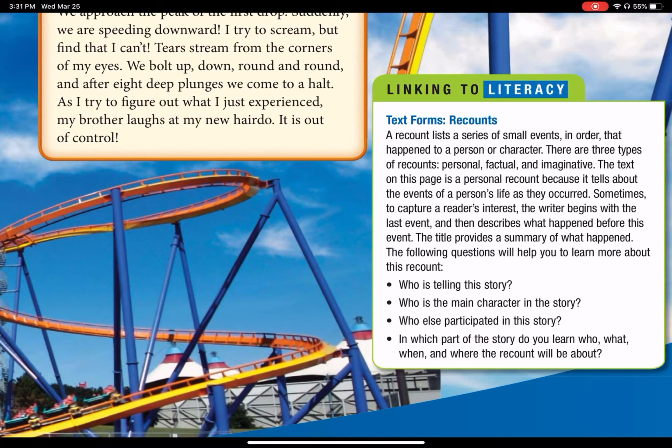The text on this page is a personal recount because it tells about the events of a person's life as they occurred. Sometimes, to capture a reader's interest, the writer begins with the last event and then describes what happened before this event. For example, I can say, I can't believe what happened to me today. I almost fell off the stairs. That's something that really happened towards the end of the day.